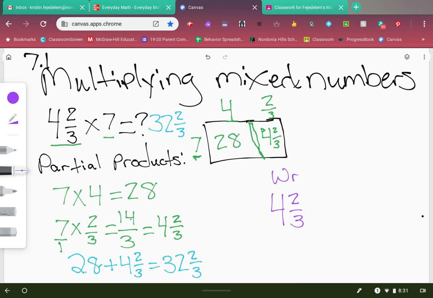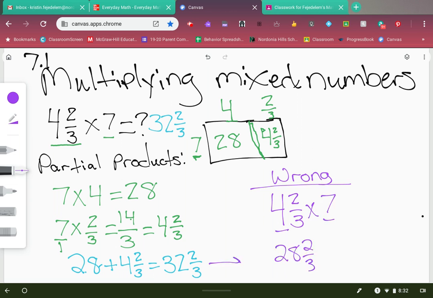And I'm going to write wrong. So a lot of you will say, oh, well, I just have to multiply the mixed number, take that whole number and multiply it with that whole number there, and 4 times 7, well, that's 28, and then there's 2/3 times I don't have anything here, so I'm just going to write 2/3.